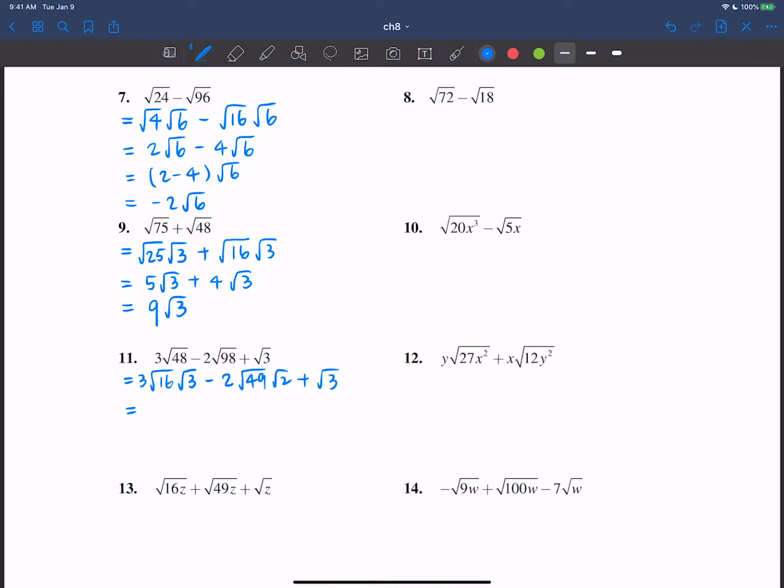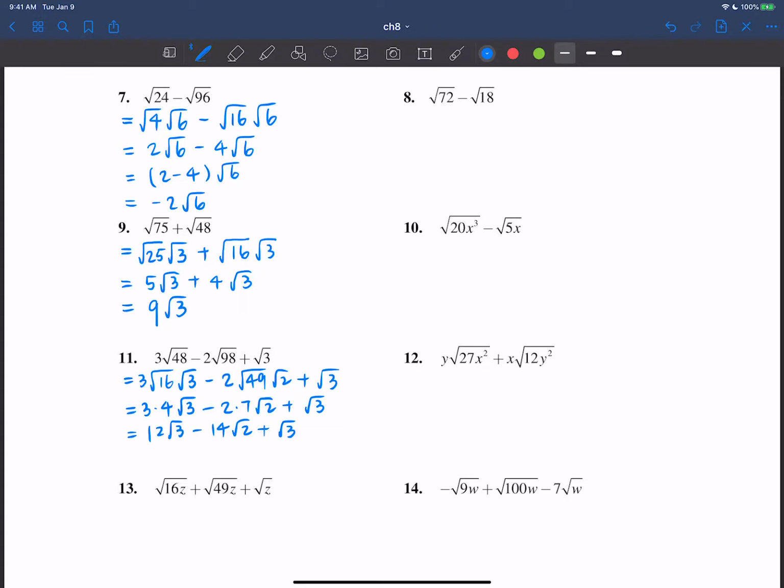Further simplify, we have 3 times 4 radical 3 minus 2 times 7 radical 2 plus radical 3. And that is 12 radical 3 minus 14 radical 2 plus radical 3.